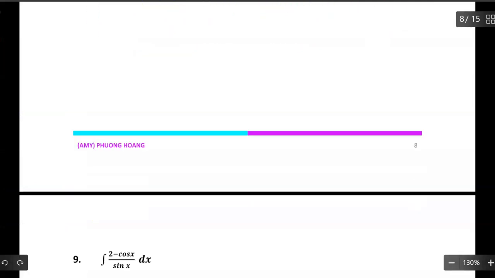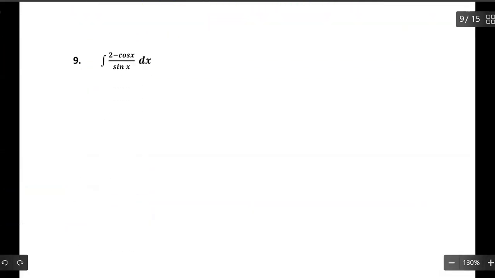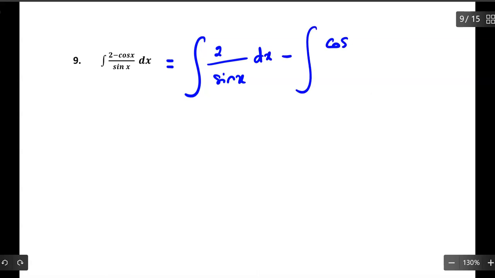So in this case, what you have to do is I will break this into two integrals. I will have 2 divided by sine of x dx subtract cos of x over sine of x.